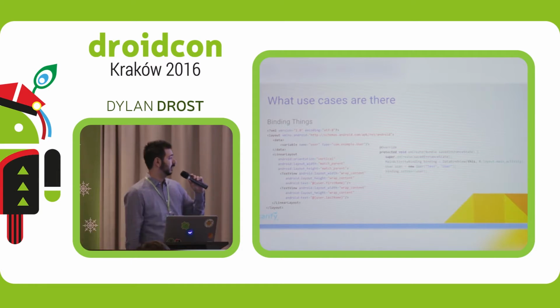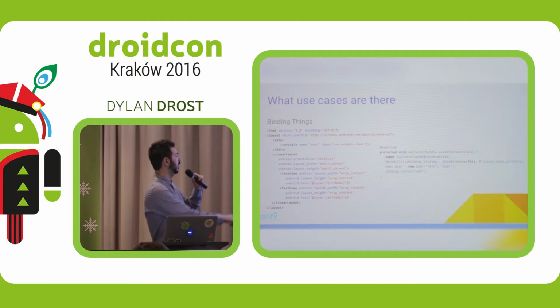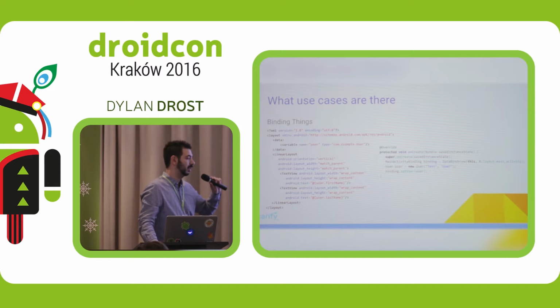Well, as I mentioned, there's also something like binding data. The Android SDK offers a binding where you can bind your views to the actual code. As you can see here in the XML, you define a variable which is bound to a user class. And you can use it in the XML and set the text directly.